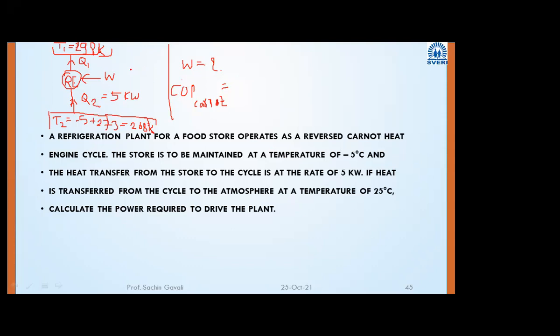As it is a Carnot refrigerator, its COP is always a function of only temperatures. At what temperature is it taking heat? T2 divided by T1 minus T2.